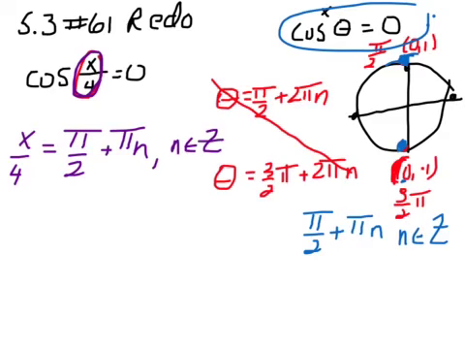So how am I going to find my solutions? I'm going to solve for x. To get rid of x divided by 4, the opposite of dividing by 4 is multiplying by 4, so I'm going to multiply everything by 4.